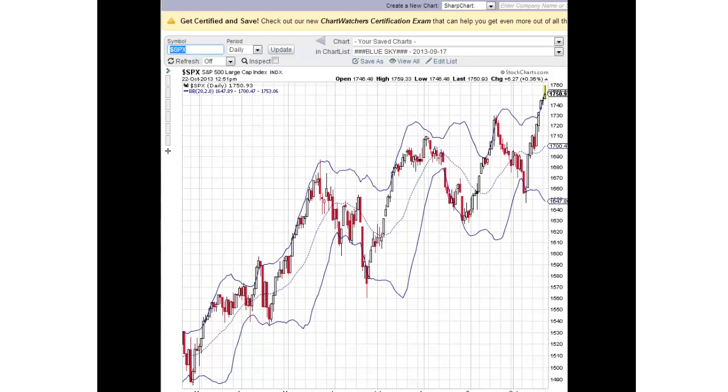And so we have the anytime price closes outside of the lower band, particularly when the bands are wide, and then you have an area in which to consider going long. And whenever price closes above the wide range Bollinger Band, the upper Bollinger Band, you have an area in which to think about going short.